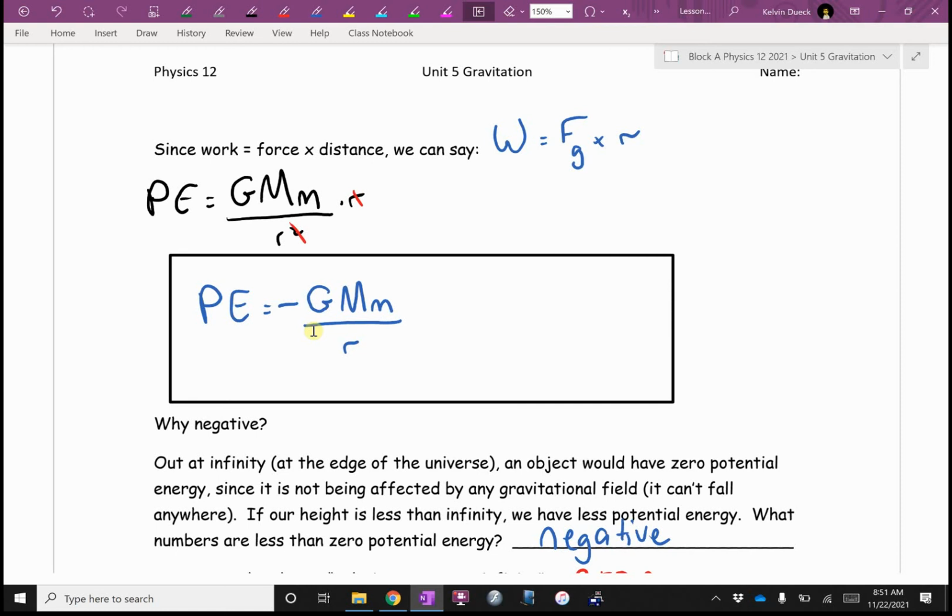And so how much energy must you have if you won't fall? Zero. But that meant because you were doing work to get to zero, you were starting out with less energy and increasing your energy to get to zero, you had to be starting with negative. Because we defined zero out at infinity. We could have defined it somewhere else, but it made more sense to define it there.